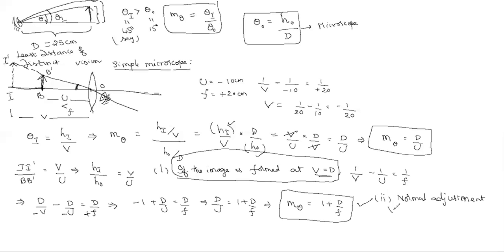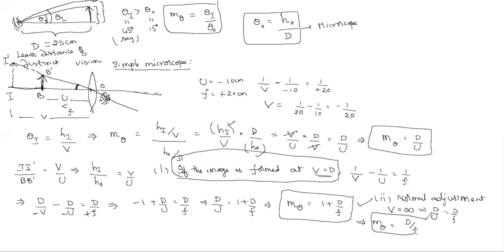Normal adjustment means the final image is brought to infinity, and V equals infinity. If I put V equals infinity, 1 by F is equal to 1 by U, which means D by U equals D by F. So the magnification you will get here, M theta, equals D by F.